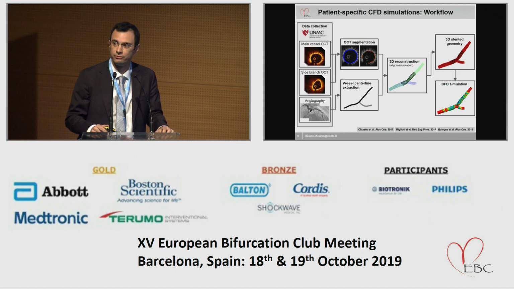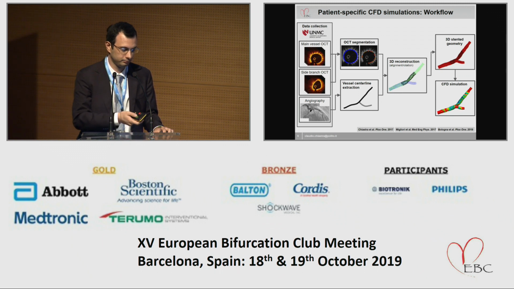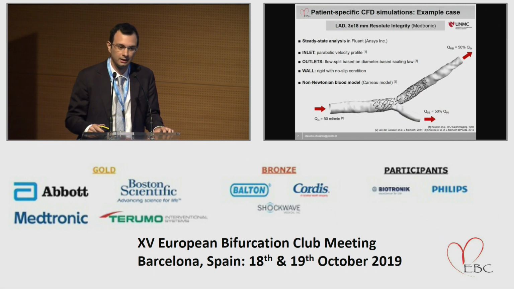And finally, we performed the computational fluid dynamics simulation. We considered an LAD treated with a Resolute Integrity. We performed a steady state analysis by applying at the inlet a parabolic velocity profile, and at the outlets a flow split based on a diameter-based scaling law.